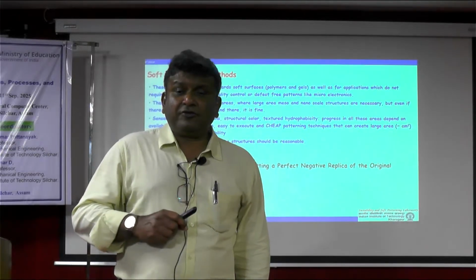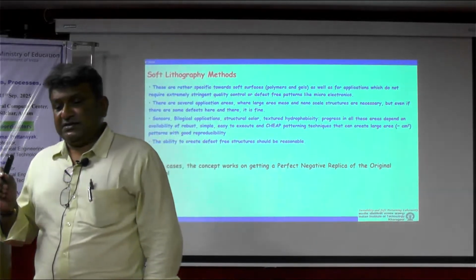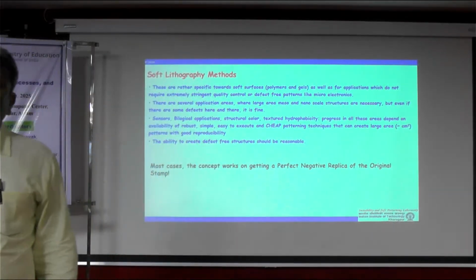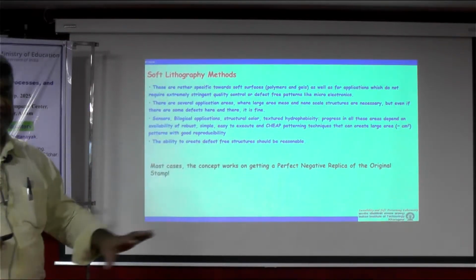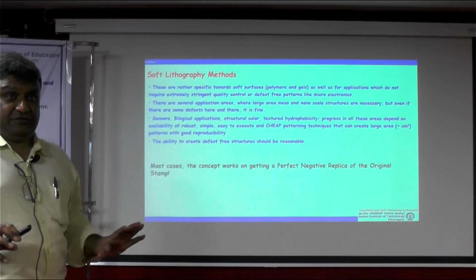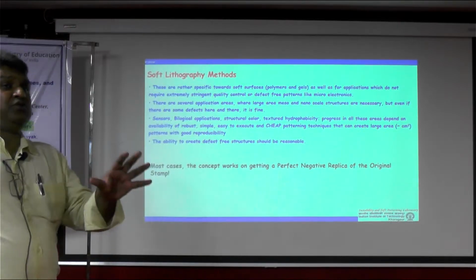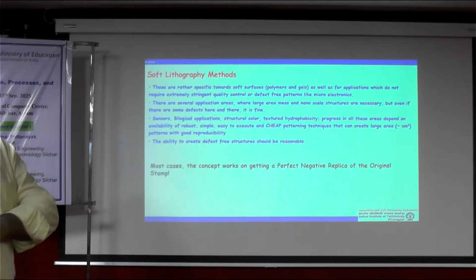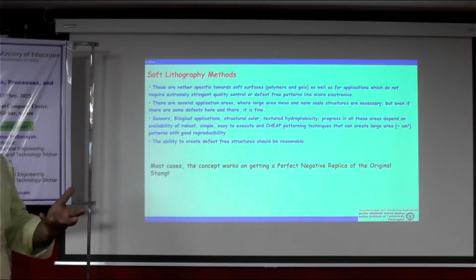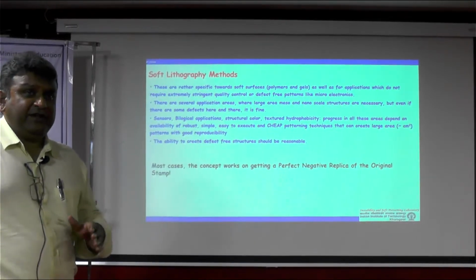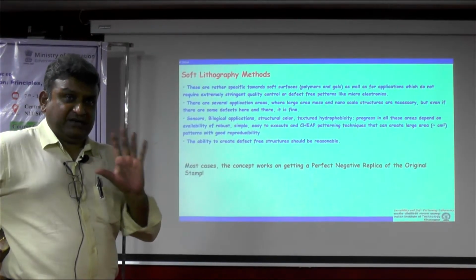And unlike photolithography, which talks about a very well-defined technique, for the word soft lithography there is actually no technique called soft lithography. Soft lithography is a suite, or ensemble, or collection of various different techniques which can be used for patterning different types of polymeric or soft material in a nutshell.